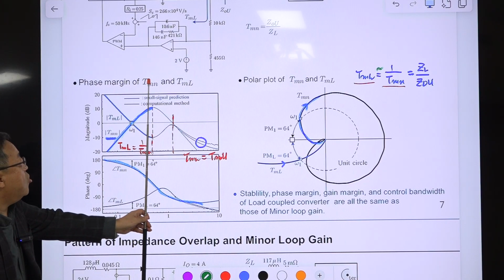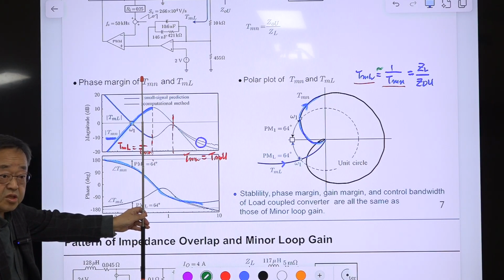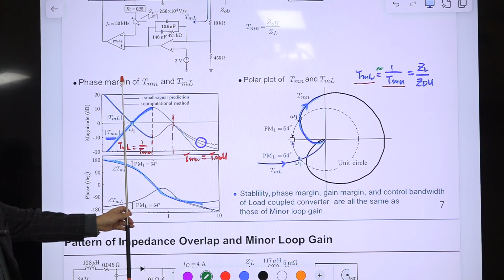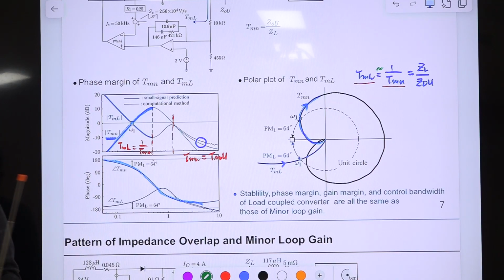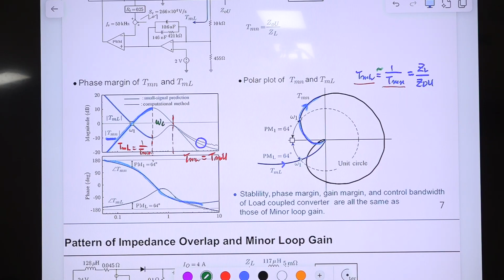Before this frequency, this is omega c, the 0 dB crossover frequency of the loop gain of the uncoupled converter. So this point is omega c. And this second point is omega 2, the second crossover frequency of this minor loop gain.